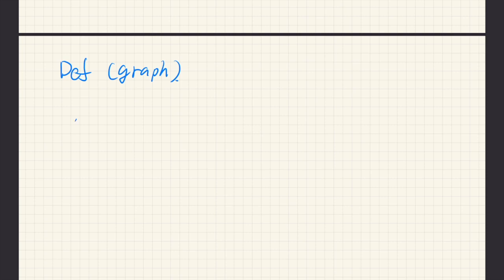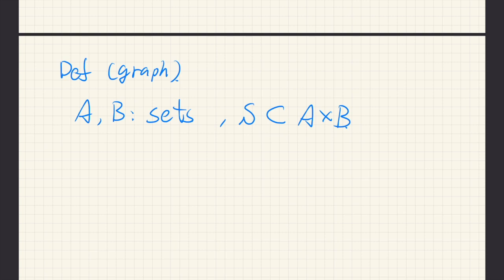Let A and B be sets, and S be a subset of A times B. Then we say S is a graph. Now notice that we don't use any maps here. There's no map mentioned in this definition. S is simply a subset of the Cartesian product A times B.